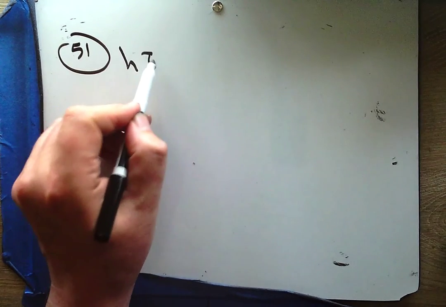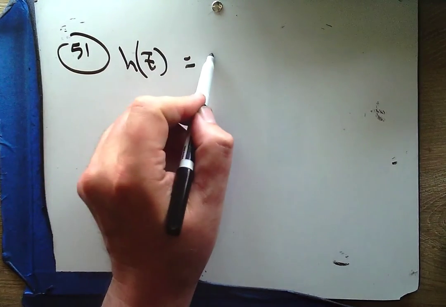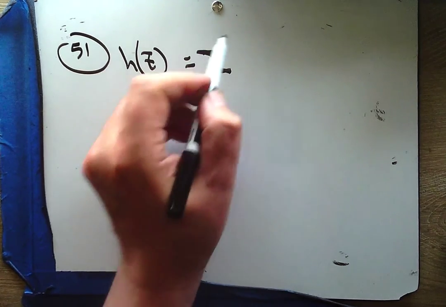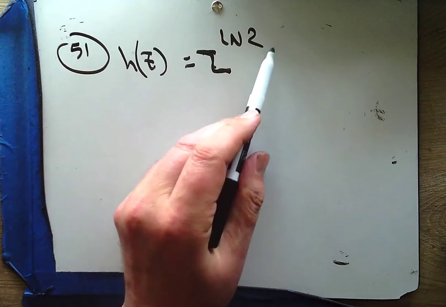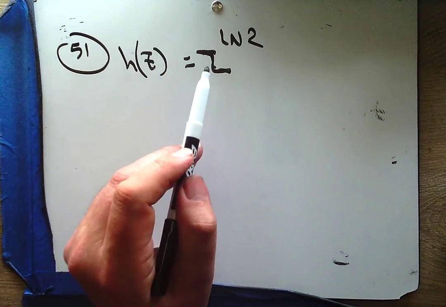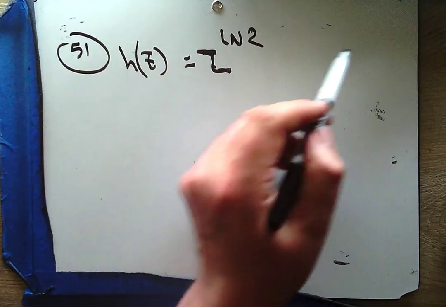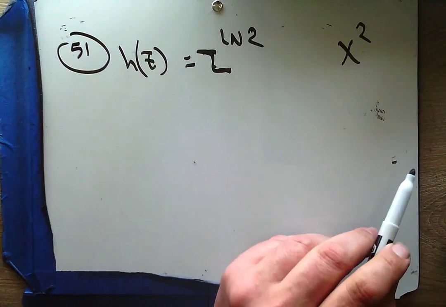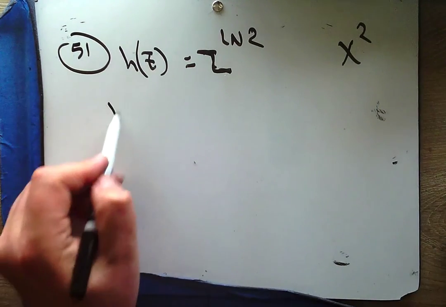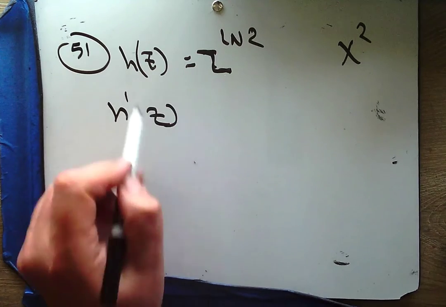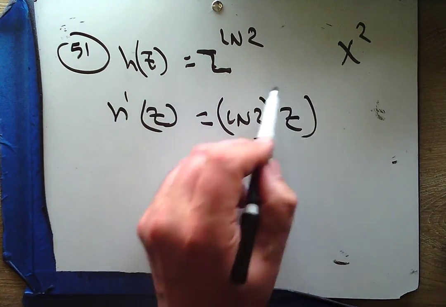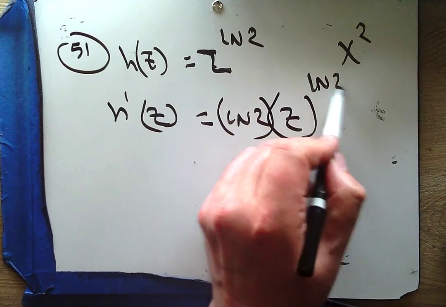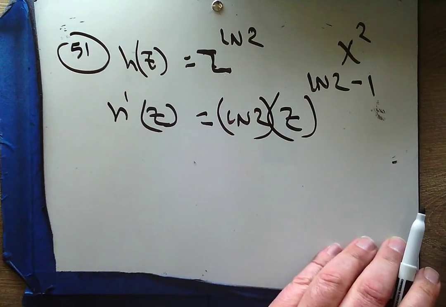51. h of z equals z to the ln of 2. Now, the ln of 2 is a number. This is z raised to a number, just like x raised to a number. How do I take the derivative of that? h prime of z is going to be ln of 2 times z to the ln of 2 minus 1.